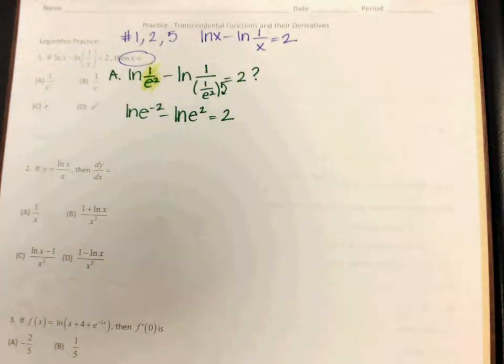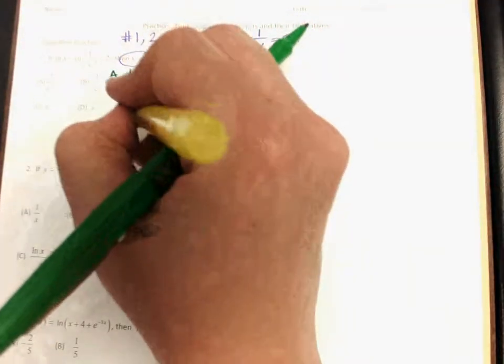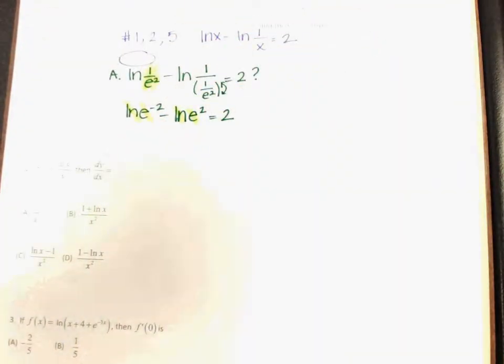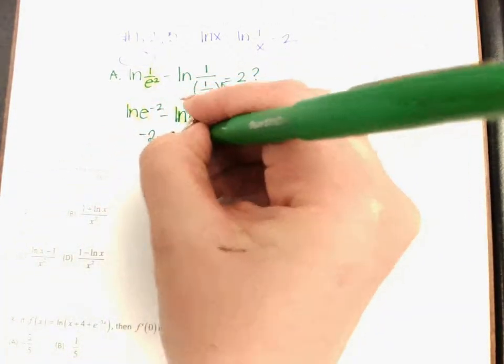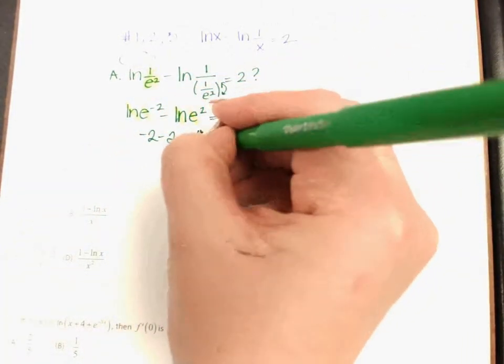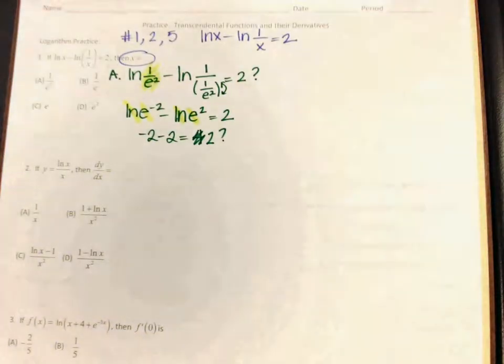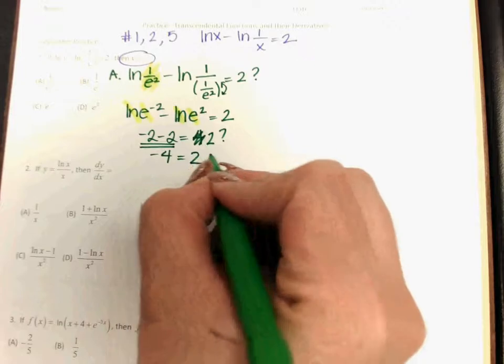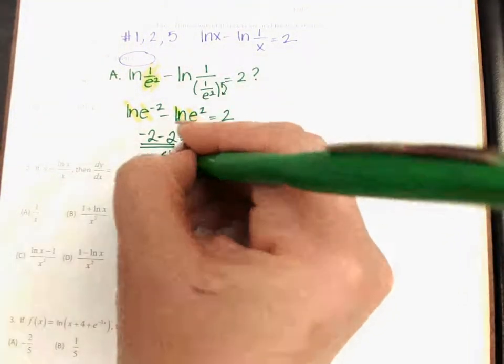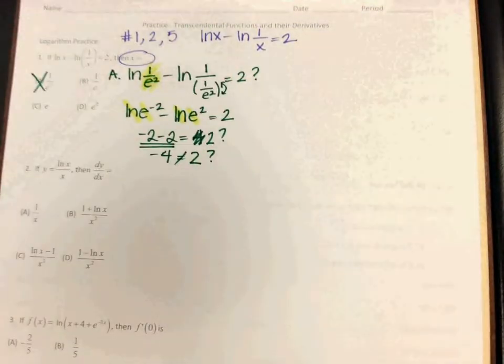Then from there we learned, hopefully yesterday, that ln and e can cross out with each other. So really, that's negative 2 minus 2 more equals 2. And then we want to know, is that true? Well, negative 2 minus 2 more is negative 4. Is that equal to 2? No, it is not. So A is out.